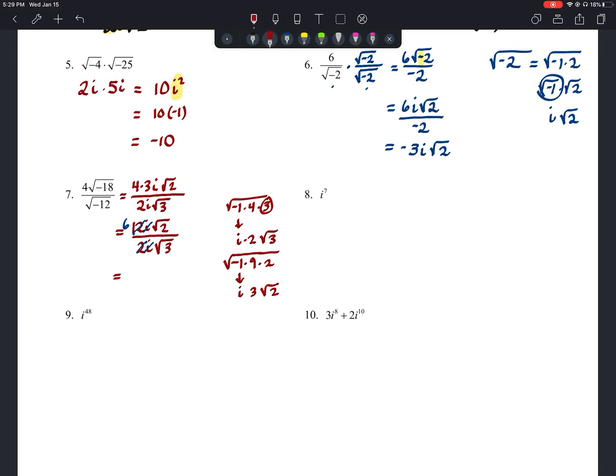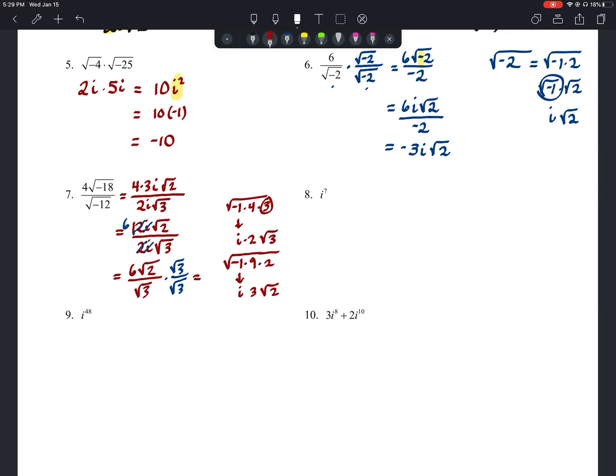So what we're really looking at now is 6 times the square root of 2 over the square root of 3. This one's going to be a little bit easier for us to rationalize now. Let's multiply the top and the bottom by the square root of 3. And after we do that, we're going to end up with 6 times the square root of 6.